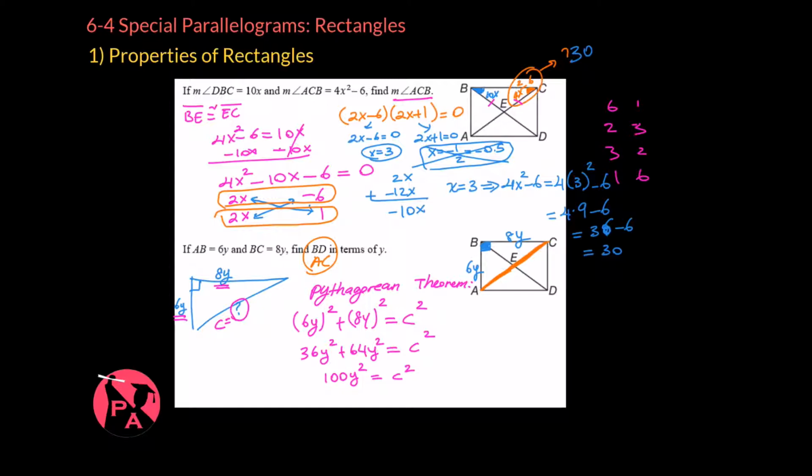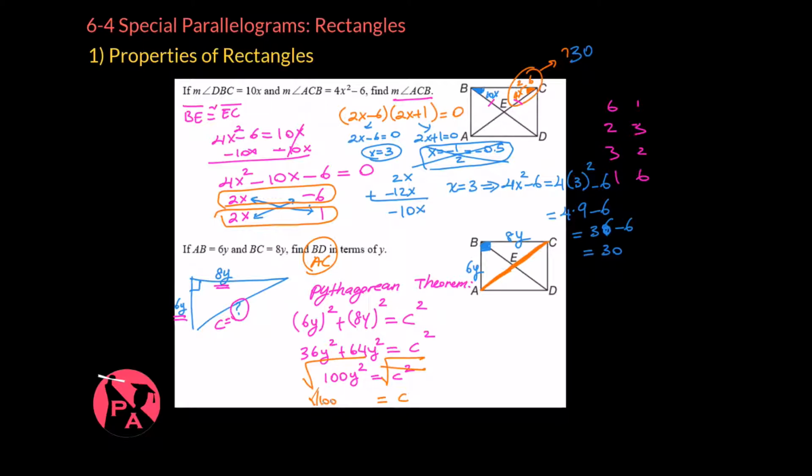Now, time to cancel things out. We have squared here. We need to do the opposite of square, which is square root, on each side. Now, square root and square will cancel out. On the right hand side, we will end up with c. On the left hand side, 100, we have two terms here multiplied together. We can separate them by doing this.